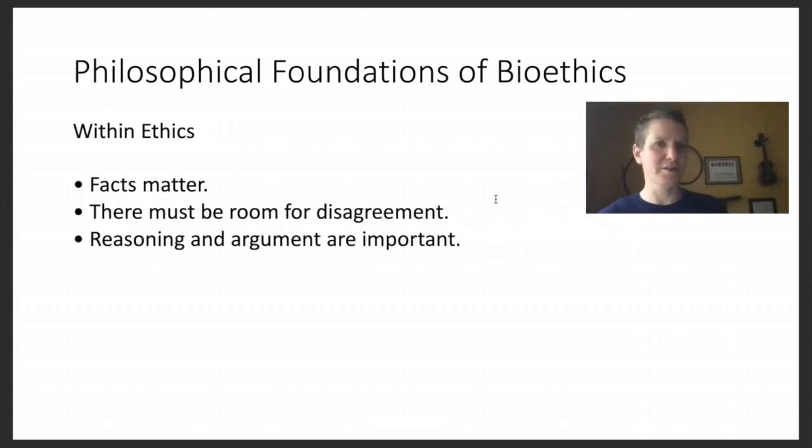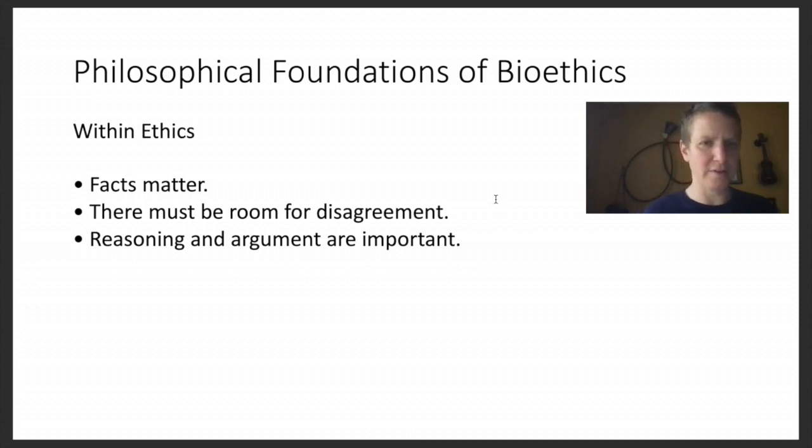And the authors of the essay that we read about moral theory in the introduction to bioethics say that there are 3 constraints that a moral theory has to meet. The first is that facts have to be relevant. You have to be able to issue facts in support of a particular ethical view.